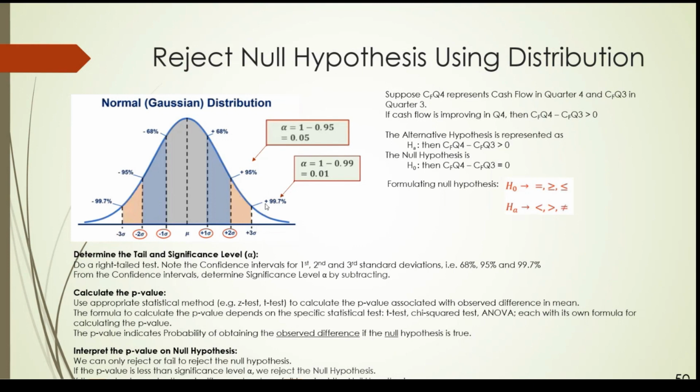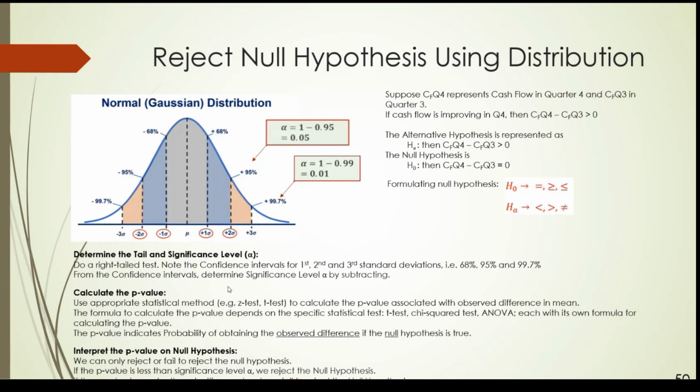In this case, the p-value is 99.7, 95, 68. The number is fixed already if it's normal. So we need to determine the significance level by subtracting. For example, if we have a confidence of 99.7%, then the significance level is 0.01. If we want to have a confidence level of 95%, then the significance level is 0.05.